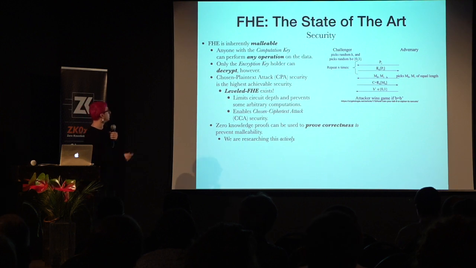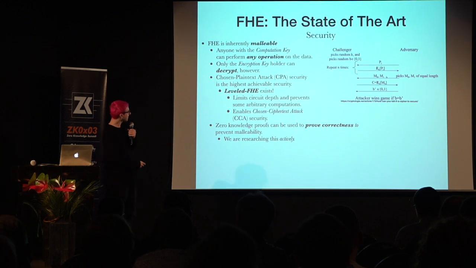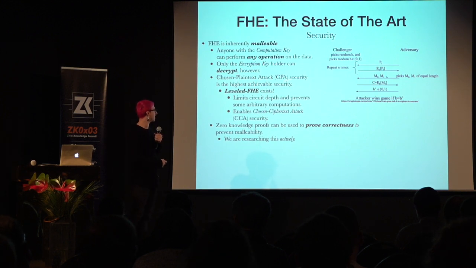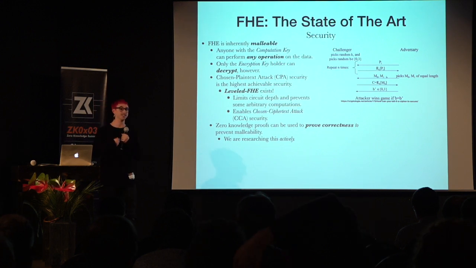FHE is inherently malleable. Anyone with the computation key can perform any operation on the data, right? Only the encryption key holder can decrypt, but since chosen plaintext attack security is the highest achievable form of security here, there also exists leveled FHE, which enables us to achieve CCA security, which may be more preferable, right?